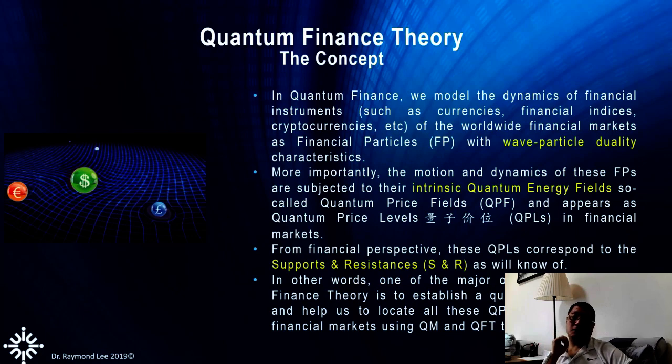But the difference is that we strictly follow quantum field theory, in the sense that all of this is in fact a kind of energy level. In fact, they're not S or R. They're just some quantized price levels, so that the price for a particular index can jump from one to another.